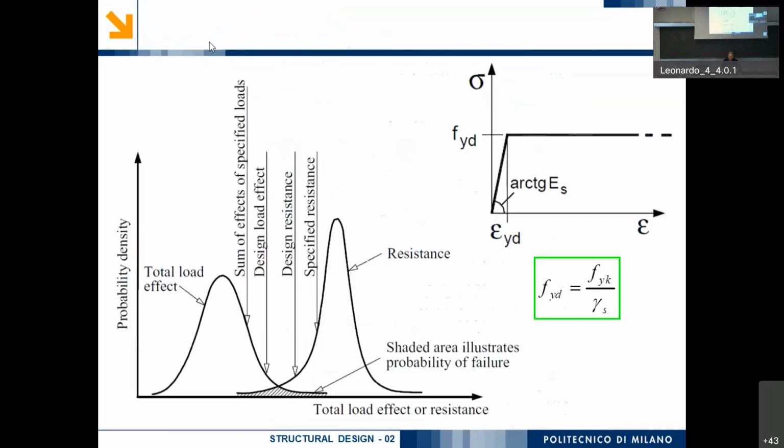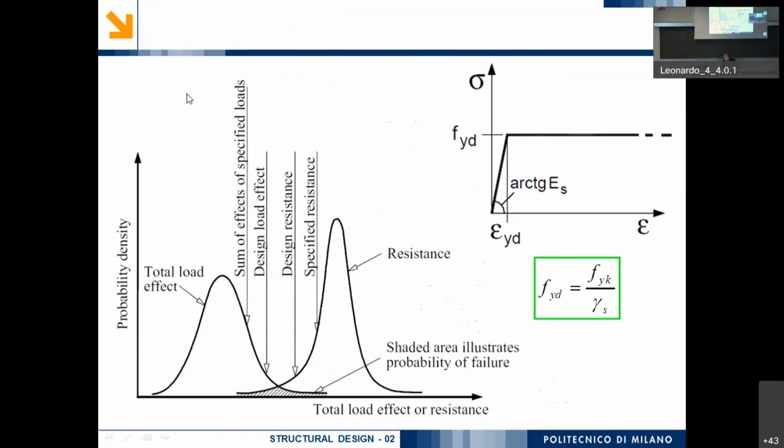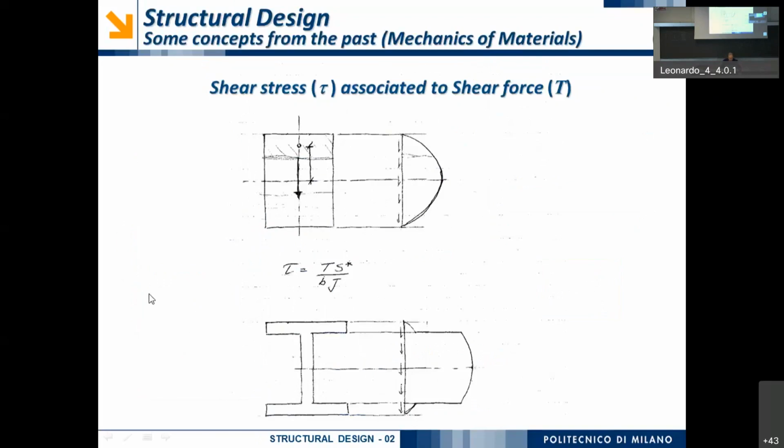In the case of a rectangular cross-section, b is constant, because when the cut is made in the upper part, in the middle, or in the bottom part, the width of the cross-section does not change. So b is constant, okay?